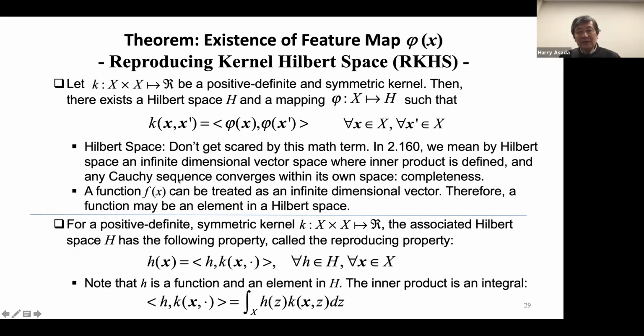And there is another mathematical point: any Cauchy sequence converges within its own Hilbert space. It's called completeness, and this allows us to do all kinds of mathematical treatment. Unless this condition is satisfied, it's not possible.